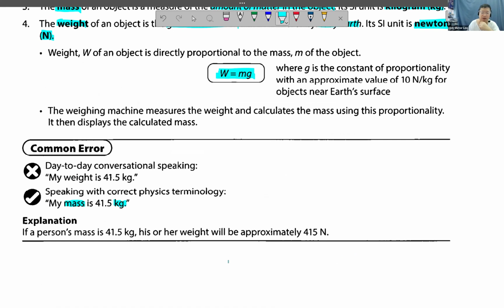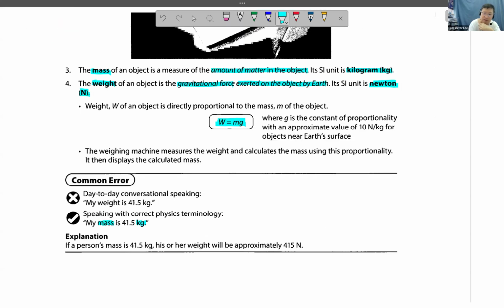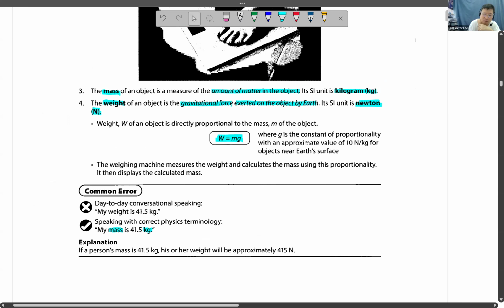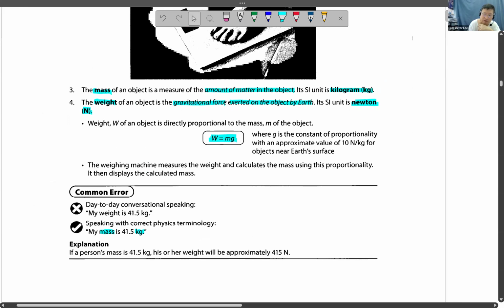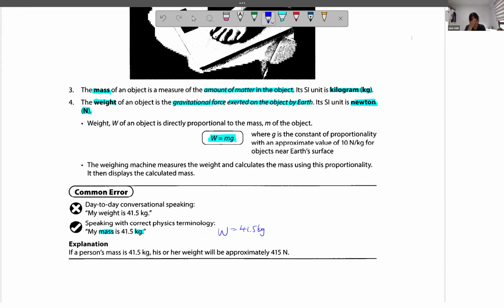The weight is not kg, the weight is Newton. So if the Earth's gravitational field strength is 10, then my weight equals 41.5 kg multiplied by 10 Newton per kg. This is the gravitational field strength. And I end up with 410 Newton. And this is the weight.